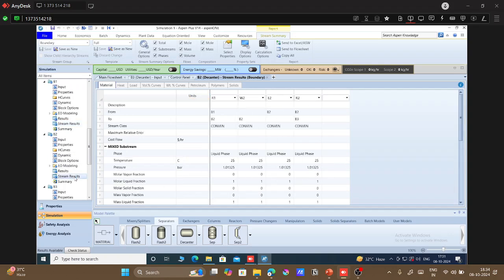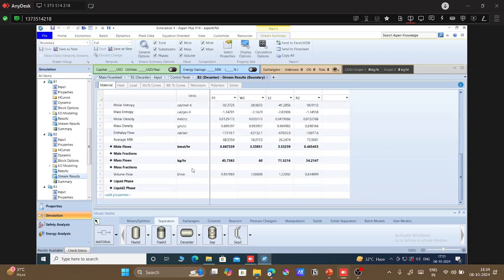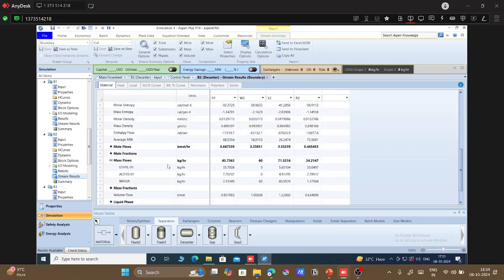Similarly, for the decanter 2 output, the same thing is happening. We have 0.597 kg per minute ethyl acetate coming in, out of which 0.500 ethyl acetate is present in the raffinate. From 0.12 kg per minute of acetone, only 0.04 kg per minute acetone is going into the raffinate.